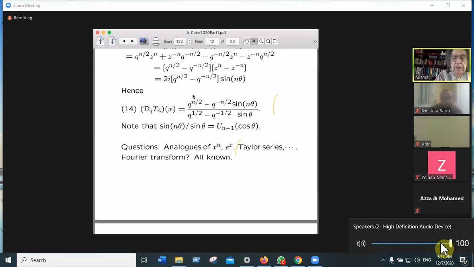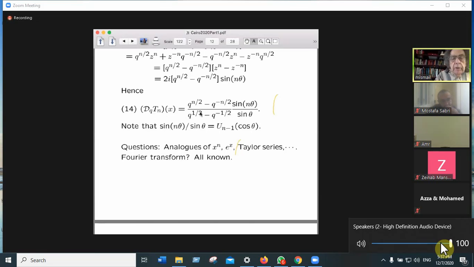And if you look at this number carefully, as q tends to 1, this tends to n. So this operator indeed tends to the differential operator as q tends to 1. This is not obvious at all from the definition, but after you do this, at least on polynomials, it's clear, and at least it makes some sense.